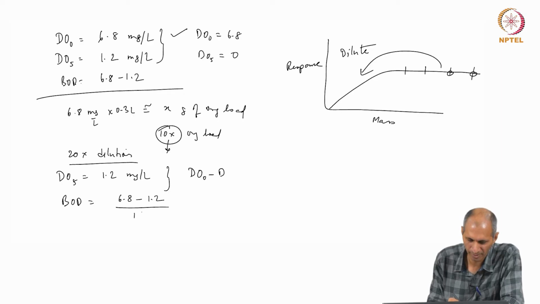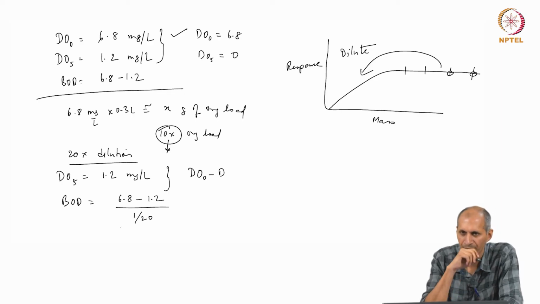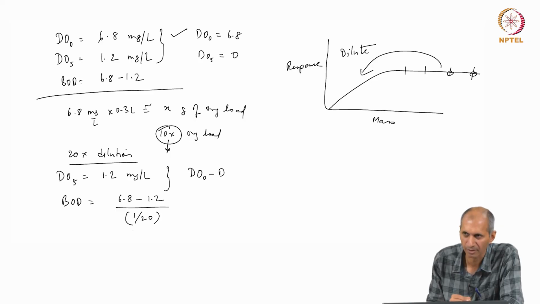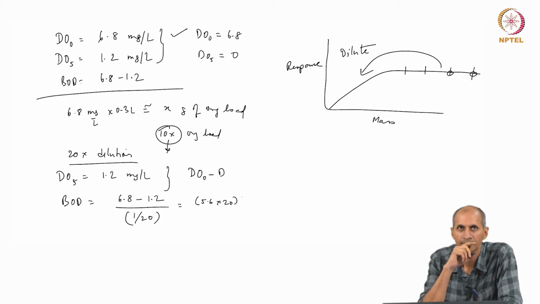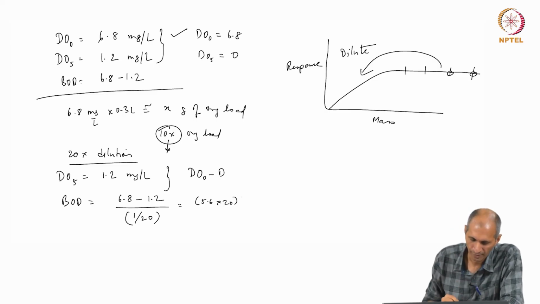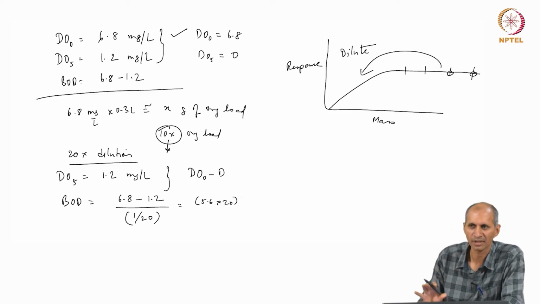So, I have to divide by 1/20. This is the dilution factor that goes in there. So, the actual BOD of the sample is 6.8 minus 1.2, which is about 5.6, multiplied by 20. Typically this is what is done.